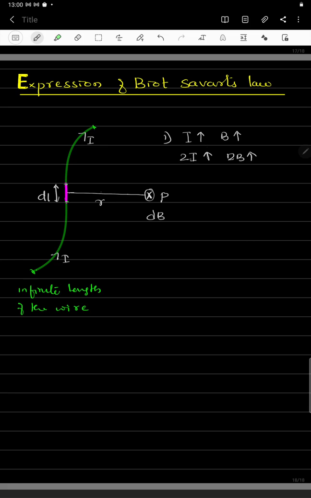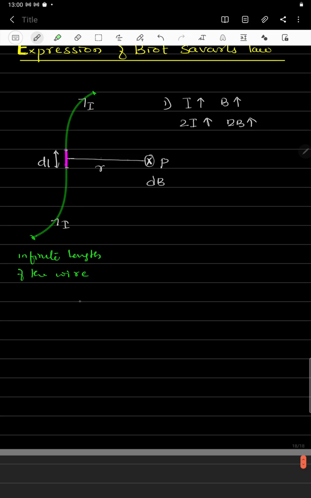So this current and the magnetic field are directly proportional. That is the first point: I is directly proportional to dB. We are going to find dB now, so dB is directly proportional to the current I.